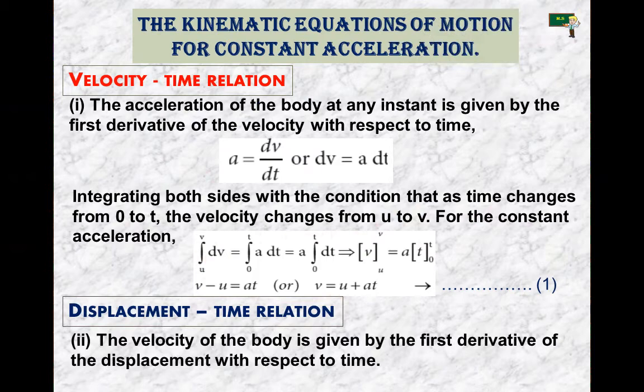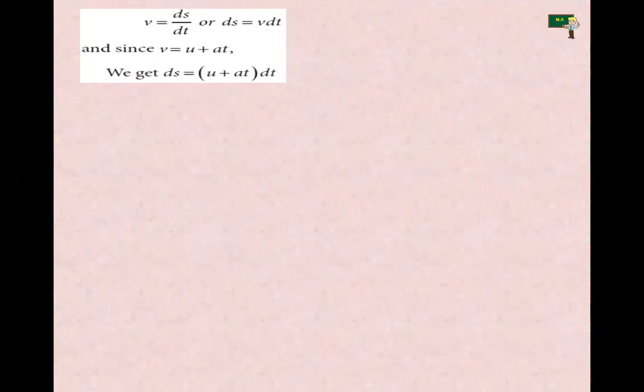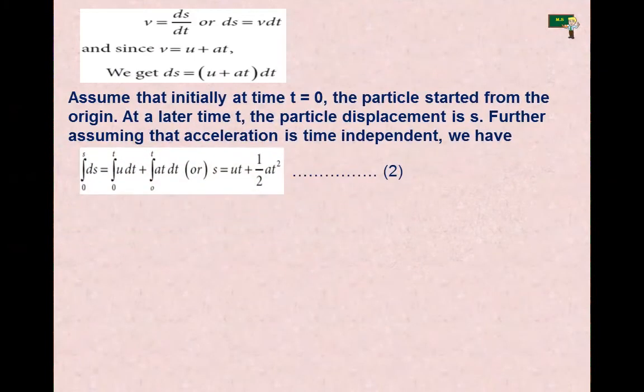Here it is the first derivative of the displacement with respect to time, which is v is equal to ds by dt, where s stands for displacement, or ds is equal to v into dt. Since we know v is equal to u plus at from equation number 1, we substitute this for v. ds is equal to (u plus at) into dt.